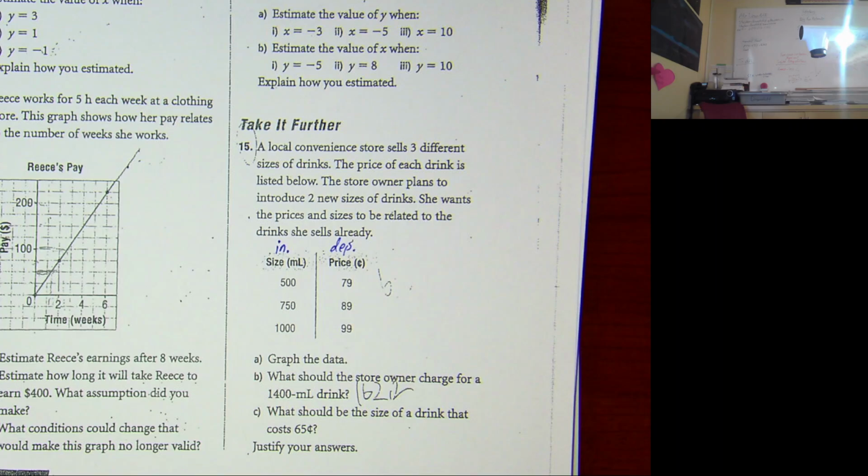Where do they intersect? So what point? Where's your point? 579. Okay. So you go 500. You go up. 79 is like there. Yeah. So go over. So go from 79, go over.